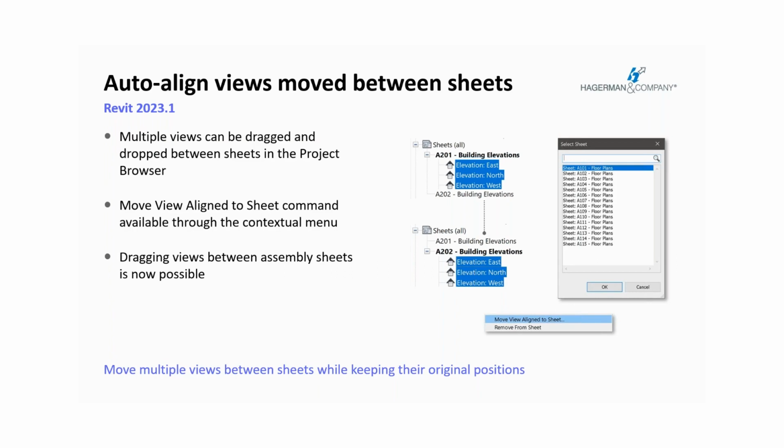I'm not sure how many of you knew that you could even drag views around from sheet to sheet in the project browser, but the fact that you can maintain the view position is just a great added-on feature here. If you are looking for the command, you can either drag and drop or right-click on a view in the project browser. It took me a minute to find that. So to recap, now you can move multiple views between sheets while keeping their original positions.